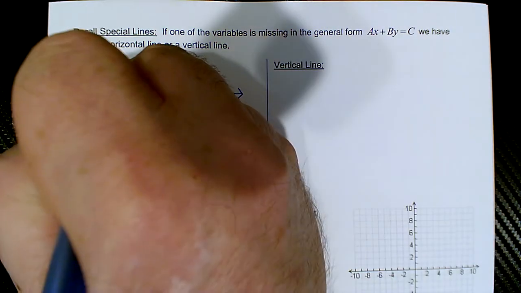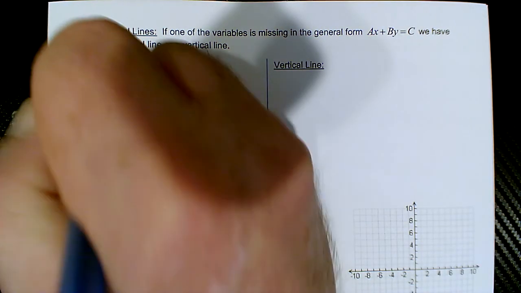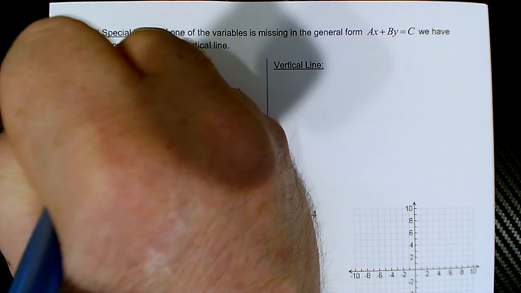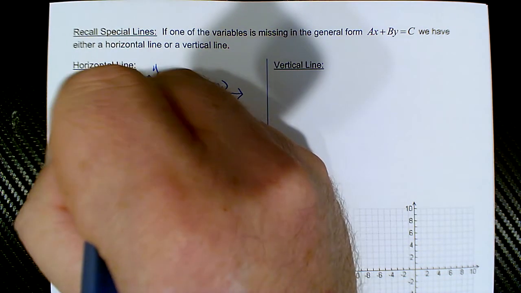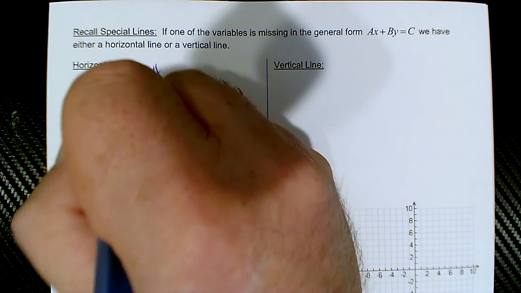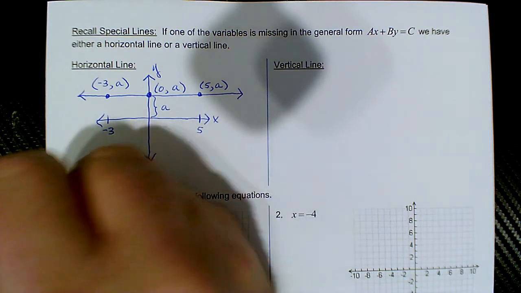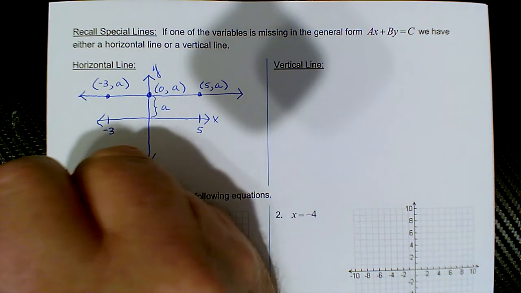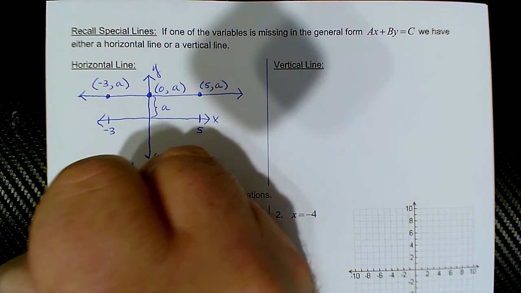Similarly, if I picked a point over here, let's say at -3 in the x, the coordinates at that point would be -3 in the x, but A in the y, because it's A units away from the x-axis. So notice that y is always the same.